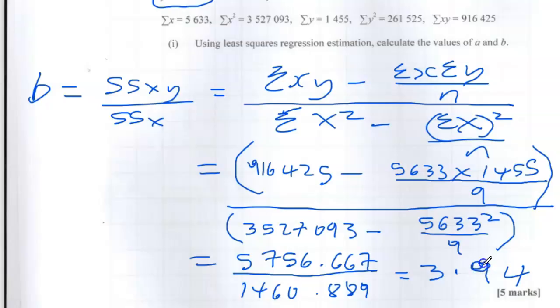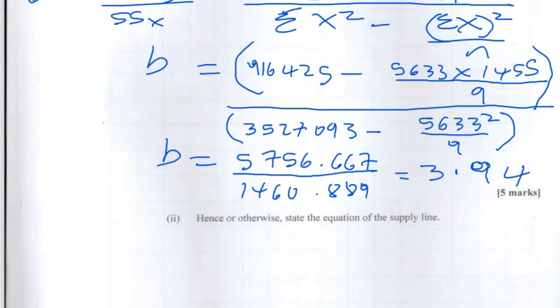That's the value for b. And now let's find the value for a. I'm out of space, so let me do it here.